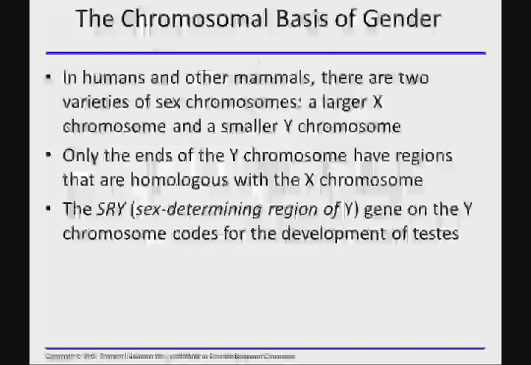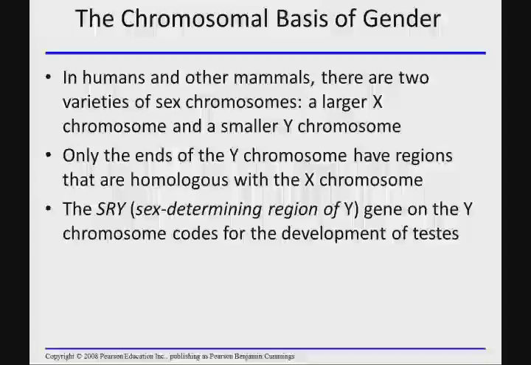Now, like I said, humans have the same gender determination system as fruit flies: an X chromosome and a Y chromosome. These two chromosomes are going to line up with each other on the metaphase plate, but there's going to be no crossing over because they're not homologs, right?